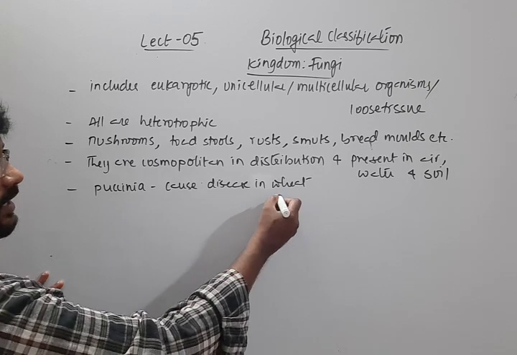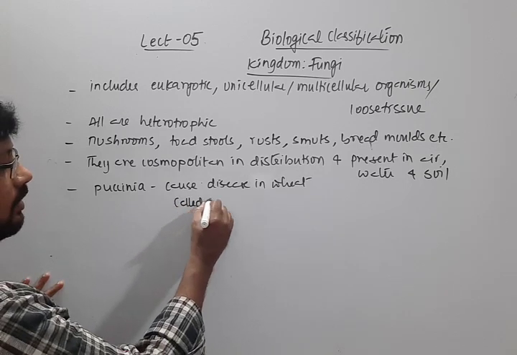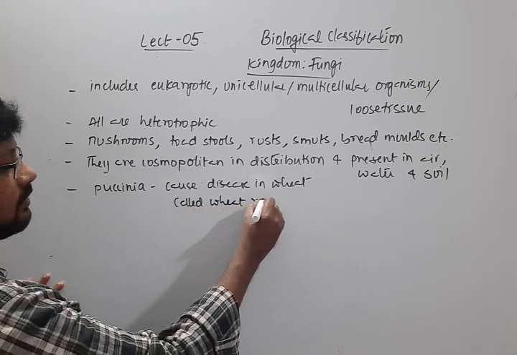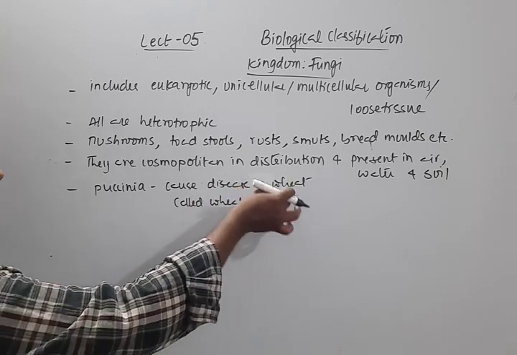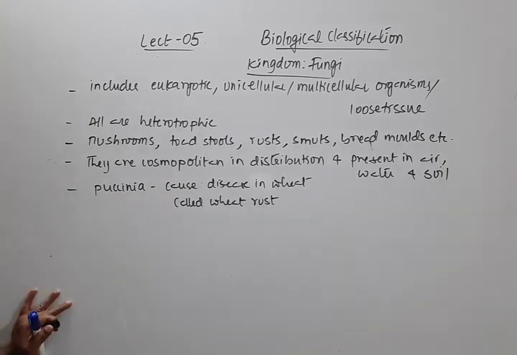So wheat rust is a disease in wheat caused by Puccinia. Even they are seen growing on animals, including humans, and cause different types of diseases.